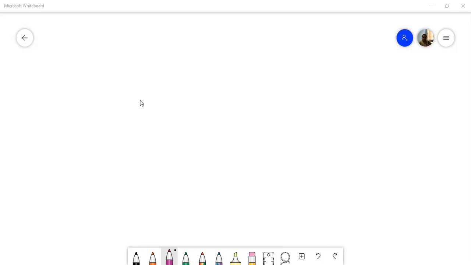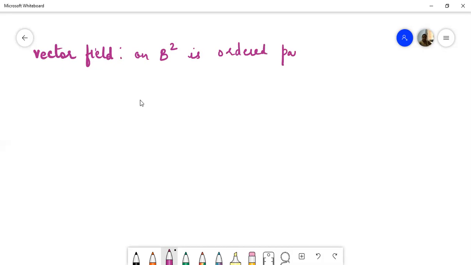So first of all, what is a vector field? A vector field on B2, the closed ball B2, is basically an ordered pair (x, Vx), where x belongs to B2 and V is a continuous map of B2 into R2.